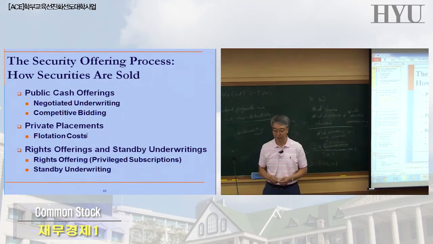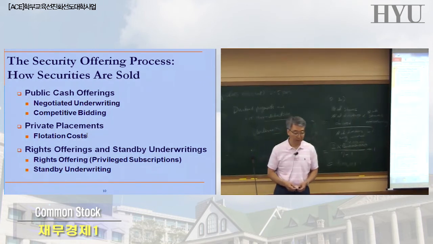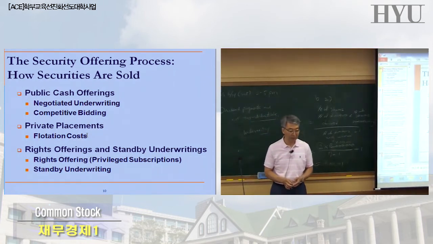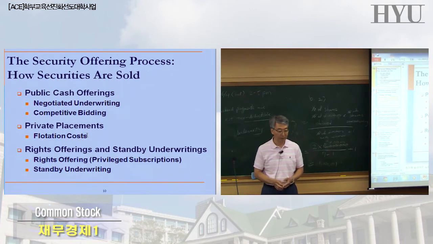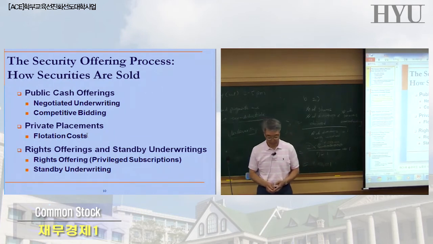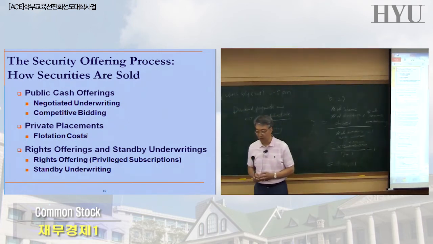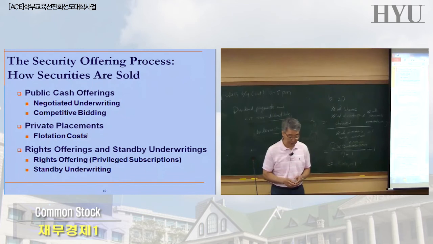입찰. Not 경매. I can say 경매 입찰 or public bidding, 공개 입찰, something like that. Anyway, you have to go through the bidding process in order to get the best bid, the highest price for the security you're issuing.